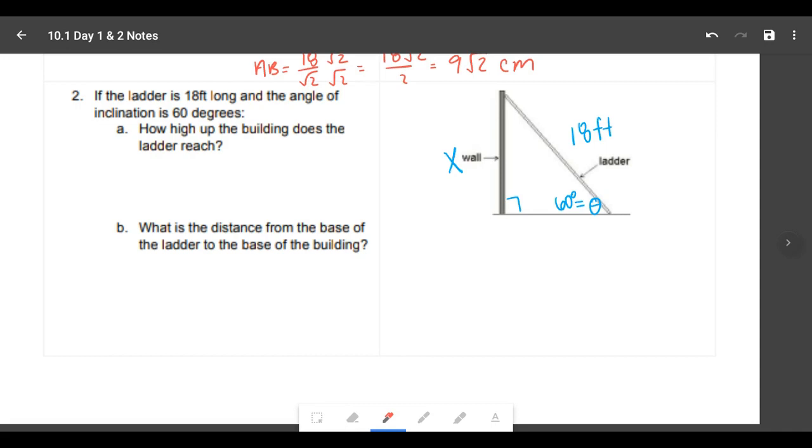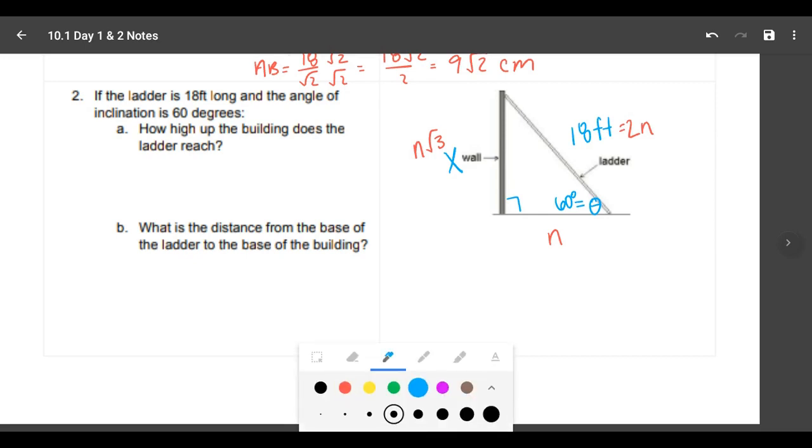So across from our 30-degree angle, remember that's our n side. Across from 60 should be n root 3, and across from our 90 should be 2n. And so given that we have one side, our 18 is equal to 2n, well, then we know the other 2 sides based off of the diagram.